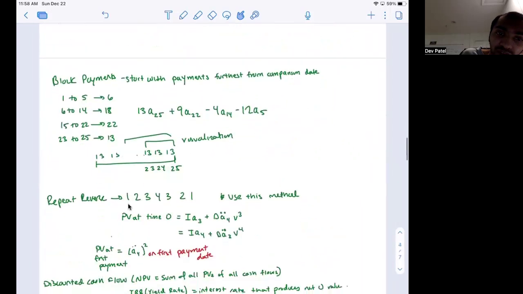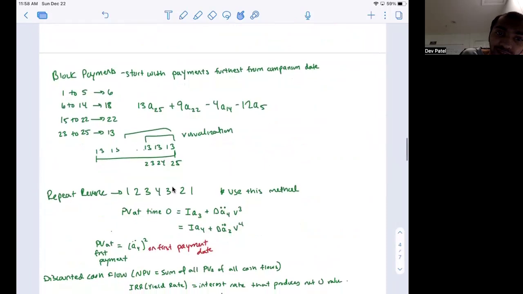One of the additional things we want to emphasize is there could be some questions where there's a repeating reverse. Repeating reverse refers to the fact that you have a unit increasing annuity, so from time period 1 to time period 4, and then a unit decreasing annuity from that period on. So it would be 1, 2, 3, 4, and then immediately after the 4, you have a 3, 2, 1. You can solve this through many different ways.